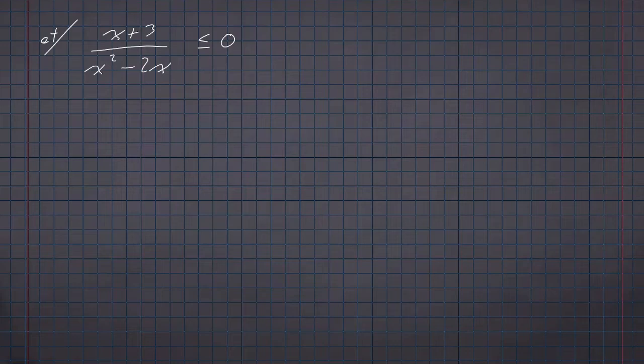Just like when we solved the polynomial inequalities, just like we saw in that last example, in order to solve a rational inequality, the first thing I'm going to do is look for the corresponding equation, x plus 3 over x squared minus 2x is equal to 0.